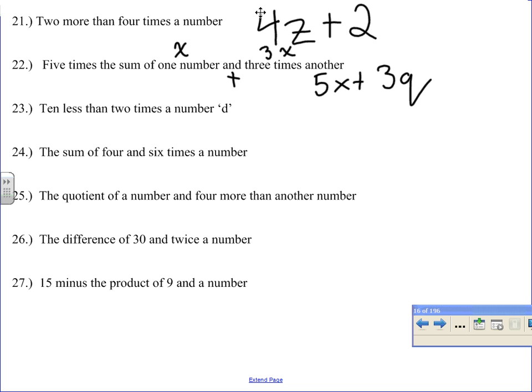Okay, let's first do number 20, actually 23. 10 less than 2 times a number D. So 10 less than 2 times a number D. Sean, what do you think? Awesome. How did you know to do it in that order?